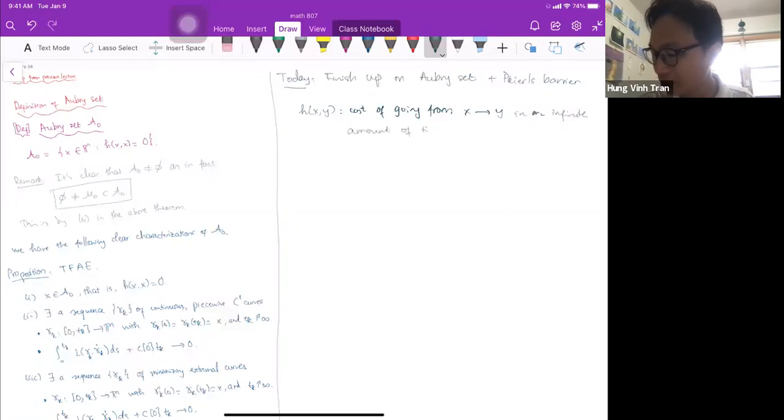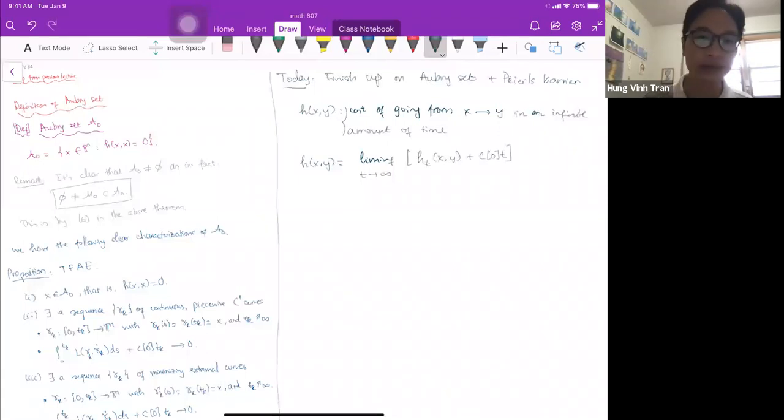That's roughly speaking that. And surely you have the definition of h(x,y), let me recall it, it's exactly that: lim inf as t goes to infinity of the cost of going from x to y in time t, the normalized one, with c naught being taken into account.